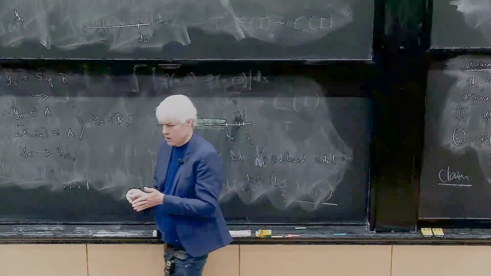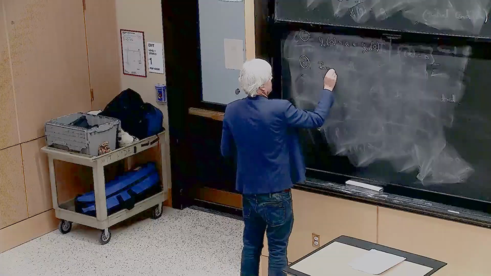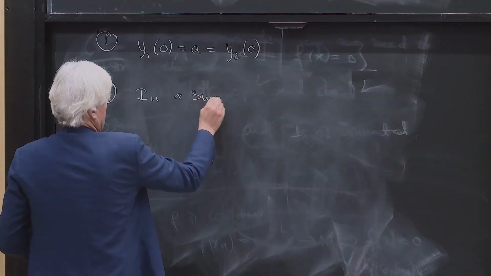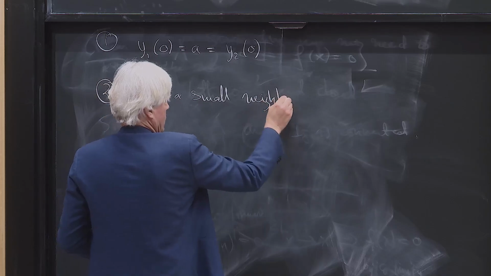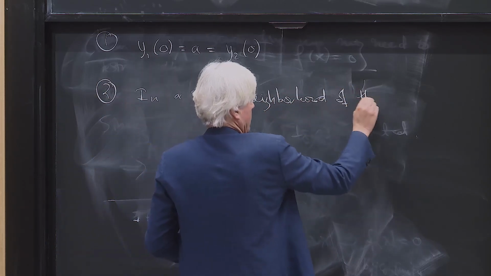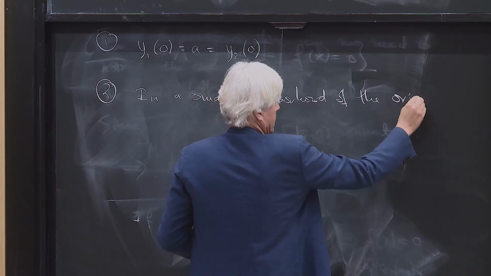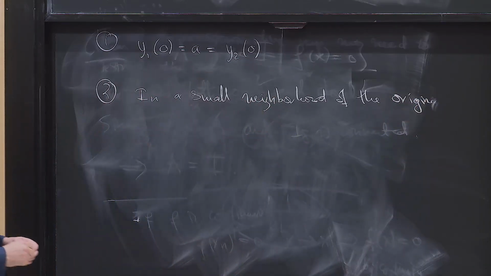So this means that in a small neighborhood of the origin, thanks to the contraction mapping theorem, you had a unique fixed point.